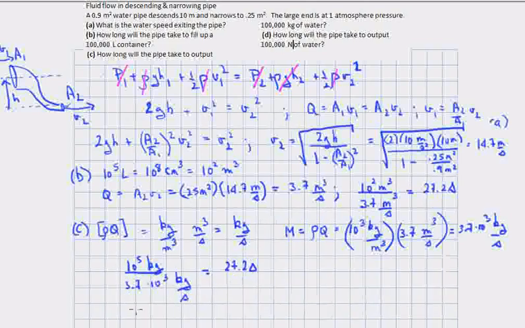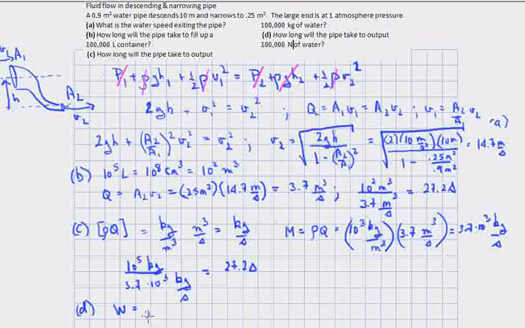Okay, for D, to get a Newton rate, I can simply take rho Q and multiply that by G. And so if I do that, let's call that W. That's going to be the Newton rate output of the pipe.